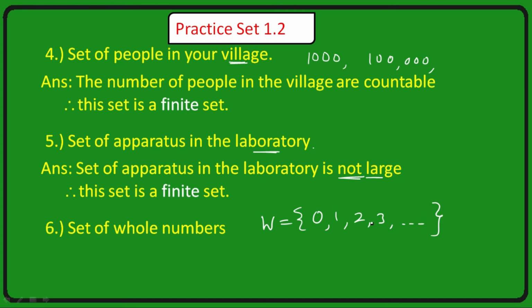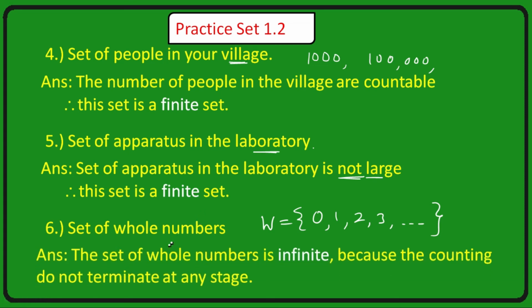If we start counting 1, 2, 3, 4 up to infinity, the counting does not come to an end. Hence the set of whole numbers is an infinite set. And we discussed earlier that all the number sets, natural numbers, whole numbers, integers, rational numbers, irrational numbers, real numbers, are infinite sets. Note this.